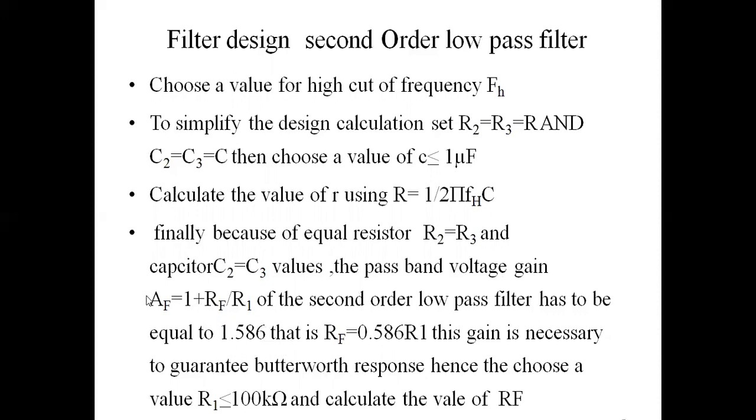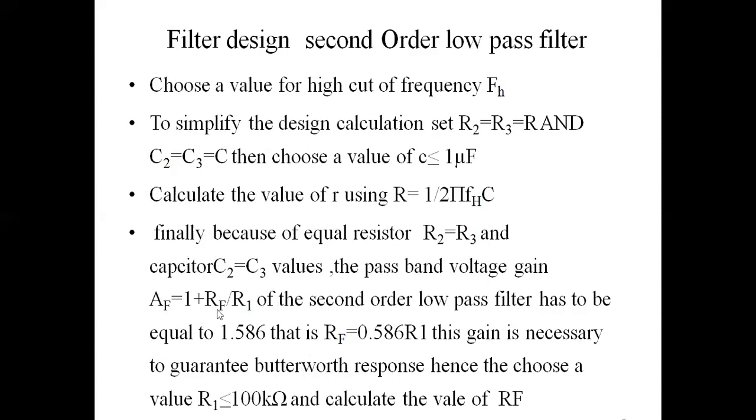That means the feedback resistance is nothing but 0.586 times R1. This gain is necessary in order to guarantee the Butterworth response.